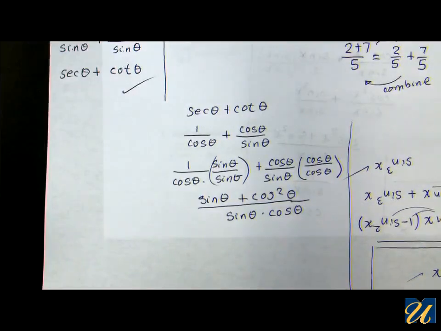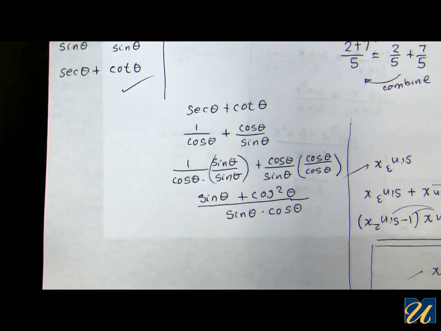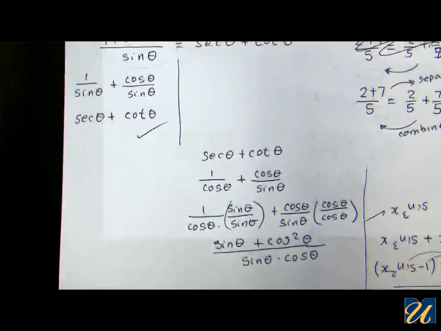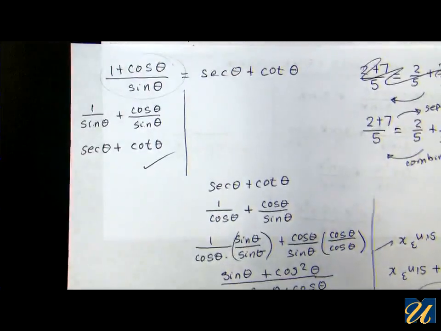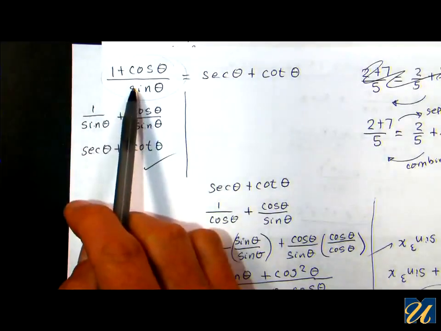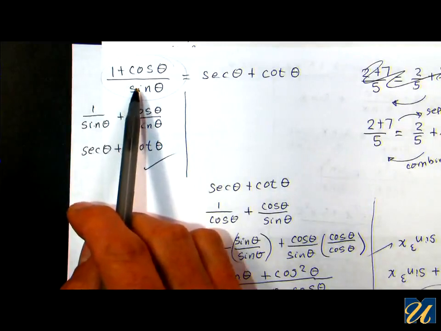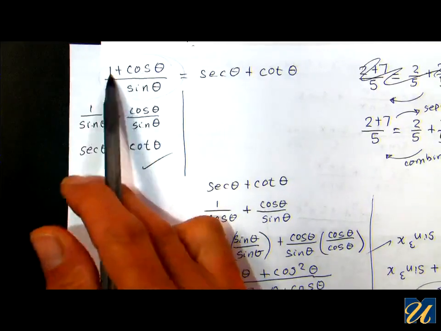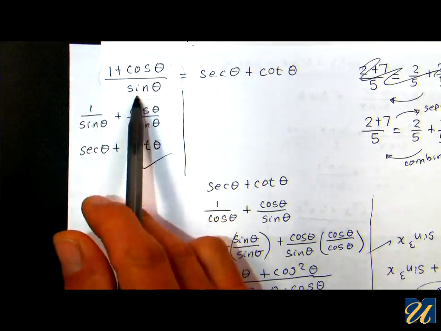Okay, now, always keep in mind where you're going. We're trying to get to here. Sometimes there's hints, too. You see what the numerator has to transform to. The denominator must only have a sine in it.